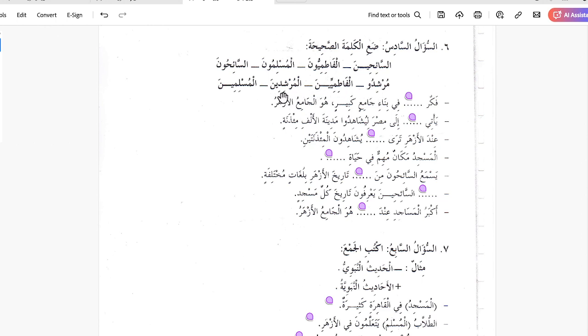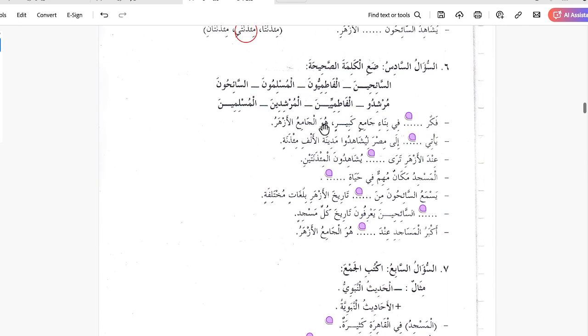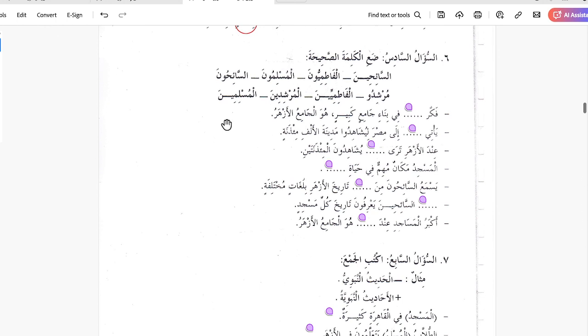So una, ina. So now the sentence will tell us whether we have to use the una or ina, because they all are plurals. So if they are coming as a fail or as a mubtada, then we have to use the rafa form, otherwise the nasab or jar is the ina form.